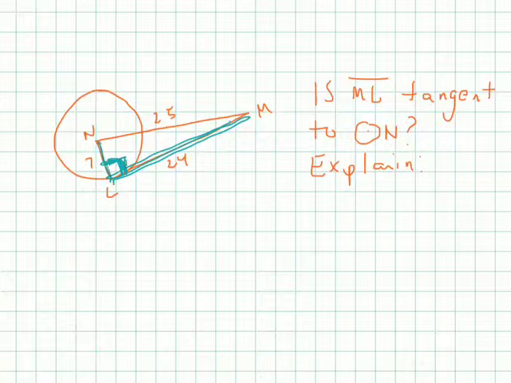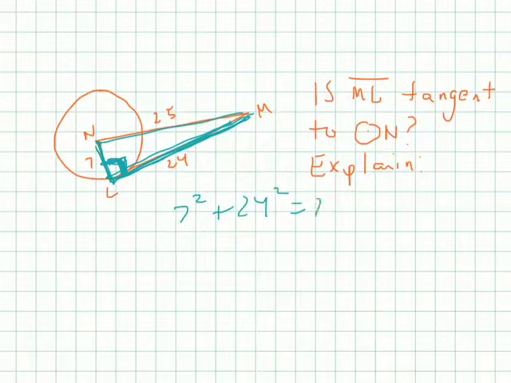So how can I prove that this is 90 degrees? Well, if the Pythagorean theorem is true for this triangle, if the sum of the legs squared adds to the hypotenuse squared, then this is a right triangle. So we just need to see if that's true. So is 7 squared plus 24 squared equal to 25 squared? If that is, that means that this is a right triangle.